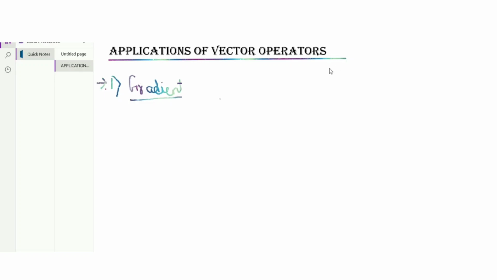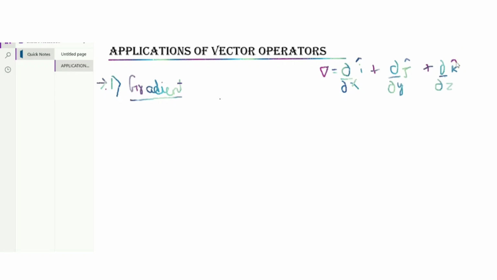The formula of the vector operator is given like this: the partial derivative del by del x i cap, plus del by del y j cap, and similarly in the z direction it is del upon del z k cap. So this is the formula of the vector operator.